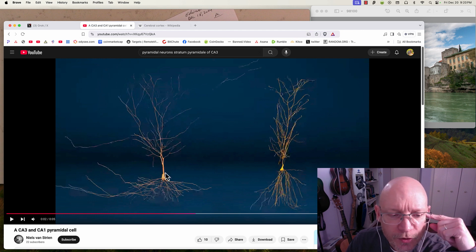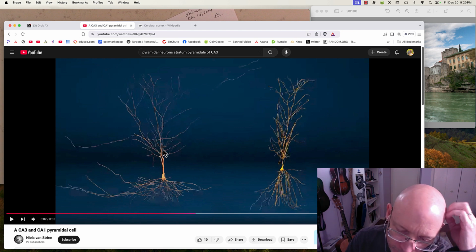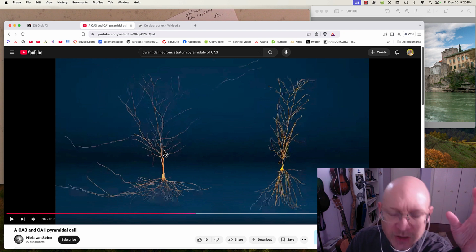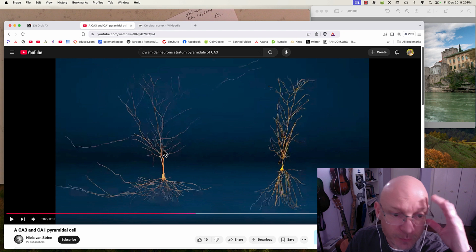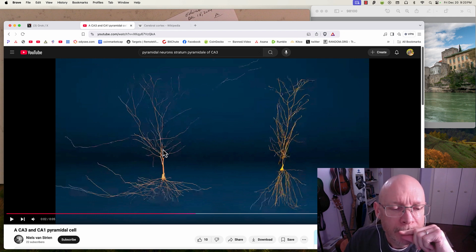Whereas in some parts of the brain, the impulse can move through those neurons in the range of, if we're looking at it in miles per hour, something like 200 miles per hour. But here it's quite slow. It's working a very intense process.